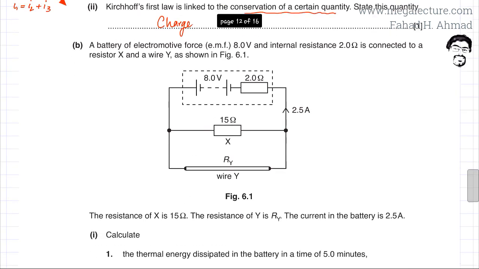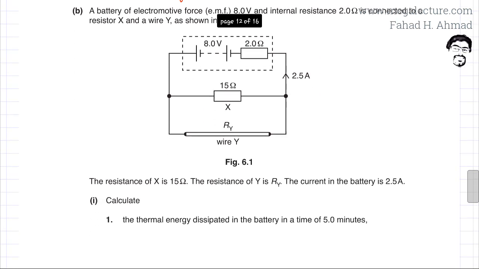Now the next part of the question states the resistance of X is 15 ohms, the resistance of Y is RY, and the current in the battery is 2.5 amperes. You're asked to calculate the thermal energy dissipated in the battery in a time of 5 minutes. Now he's talking about inside the battery, there is this resistance of 2 ohms.